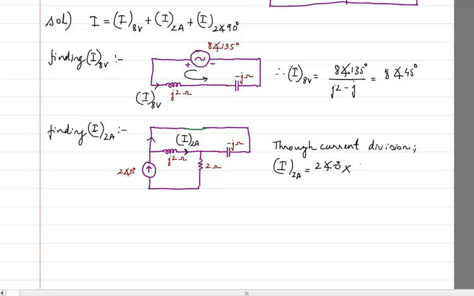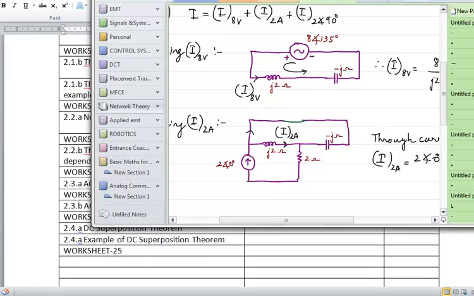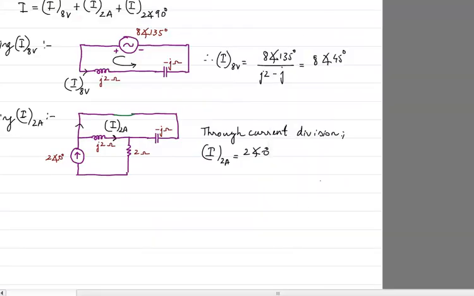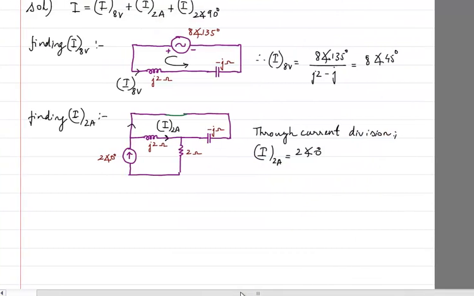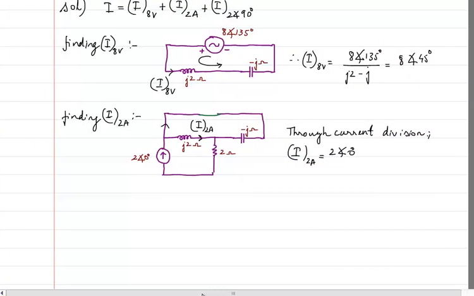Multiplied with 2 angle 0, the current, the impedance in the opposite branch.